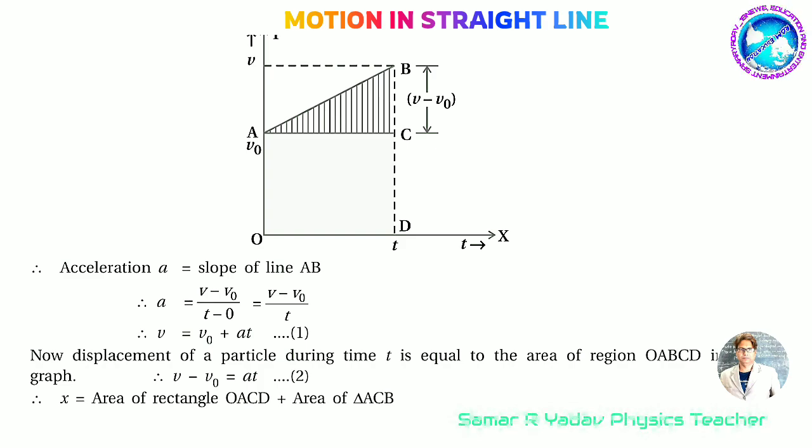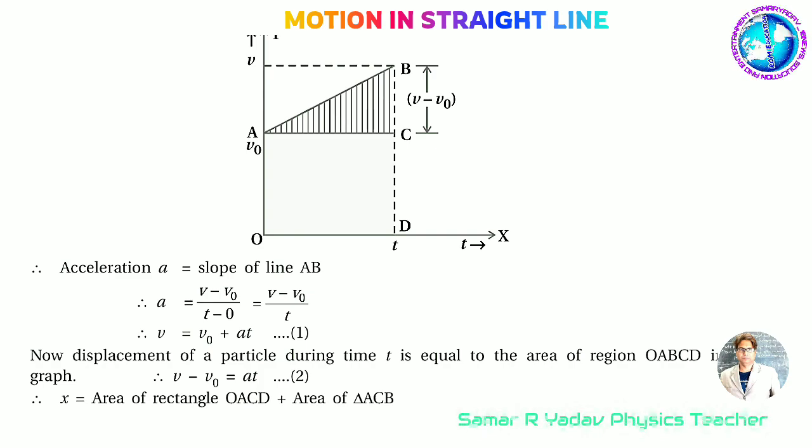Now the displacement of the particle during t is equal to the area of region OACD in the v versus t graph. You can see in the figure, OABCD. Therefore v minus v0 is equal to at, equation number 2 from equation 1.